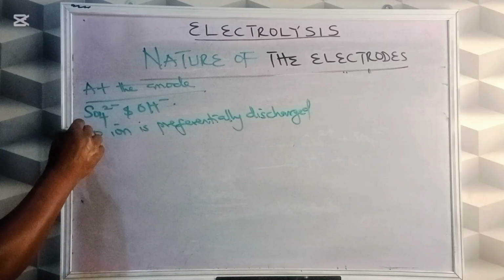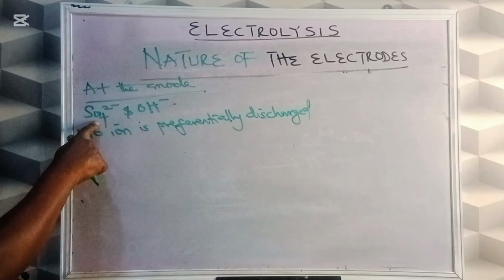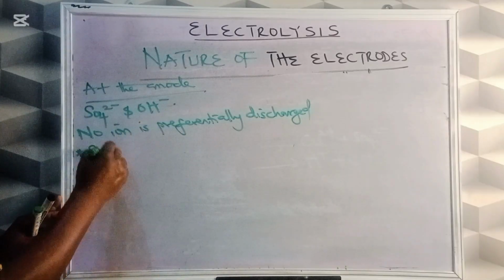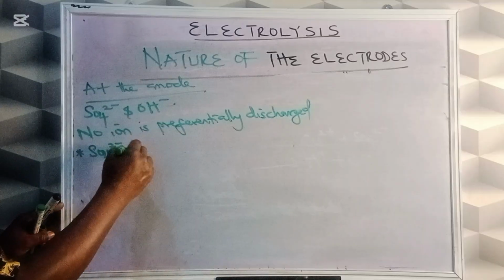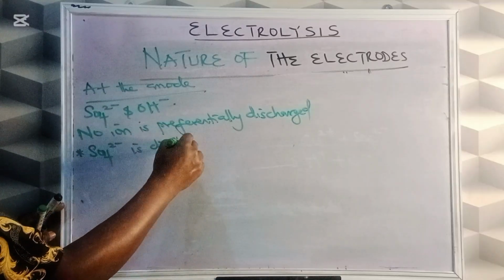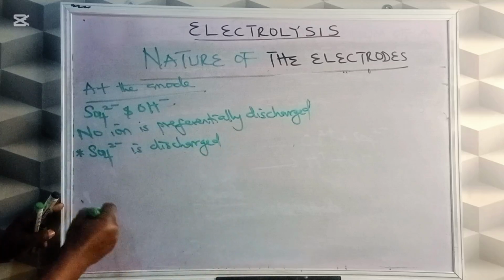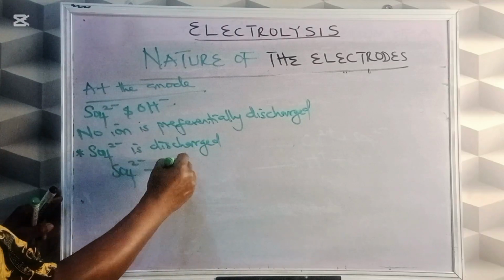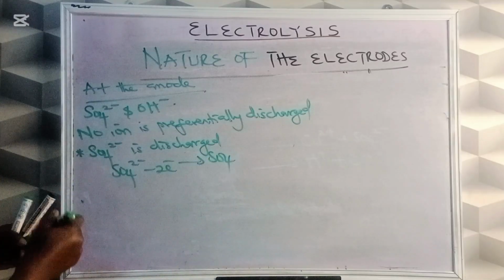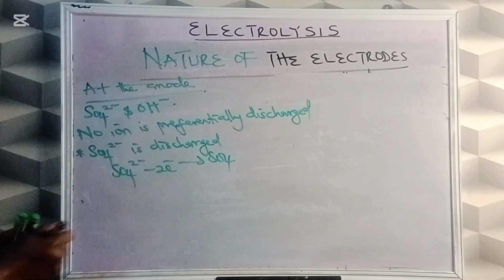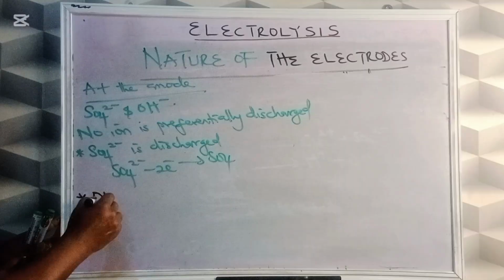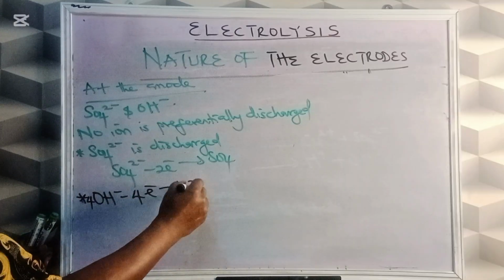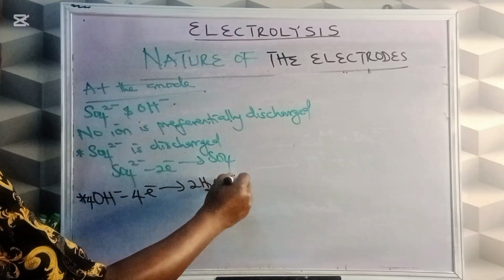Either SO4 2 minus loses 2 electrons to give SO4, or OH minus loses 4 electrons to give 2 moles of water plus oxygen.